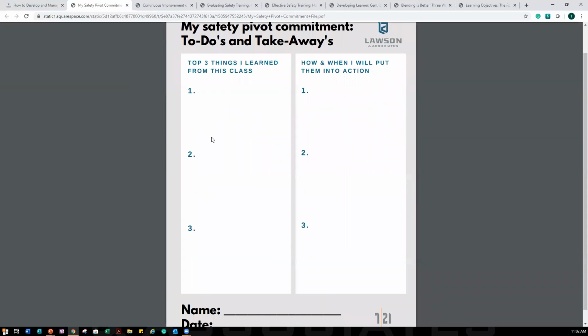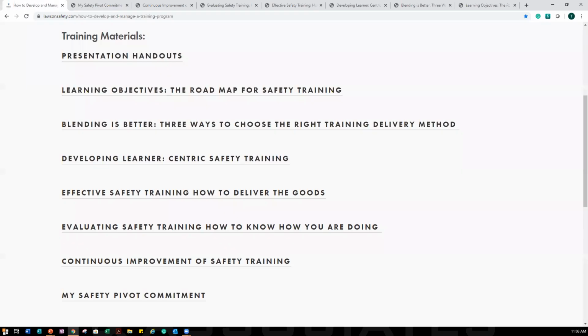I usually save it to a PDF and go 30 days ahead from today on my calendar and attach it to an appointment, where I then self-check how I've done with my commitment, my goals, or the things that I learned from this class and wanted to put into action. So good information for you there, hopefully, to follow up with after.